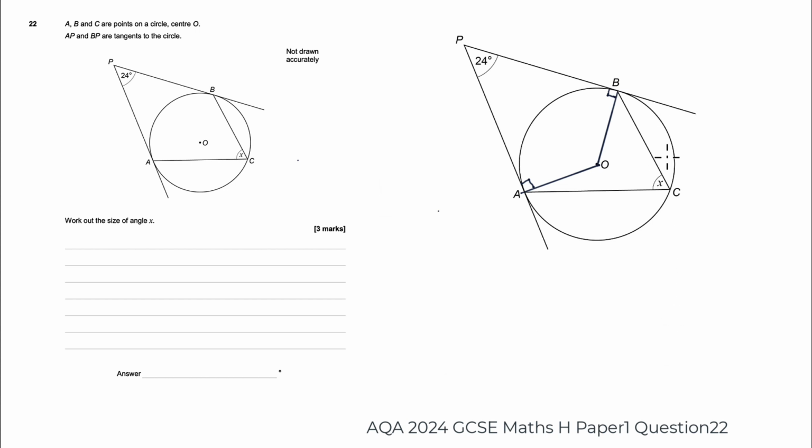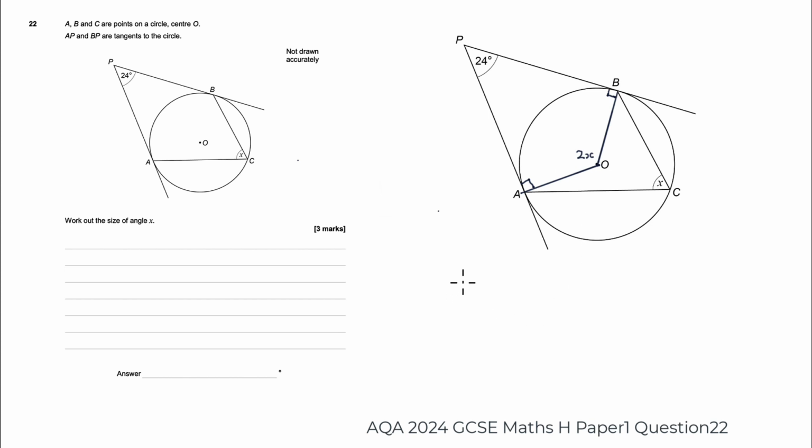So what does that mean in the original question? Well, there's the angle at the circumference. There's the angle at the centre. This must be twice x. So let's look at the shape PBOA. Now that's a quadrilateral, so the four angles add up to 360 degrees.